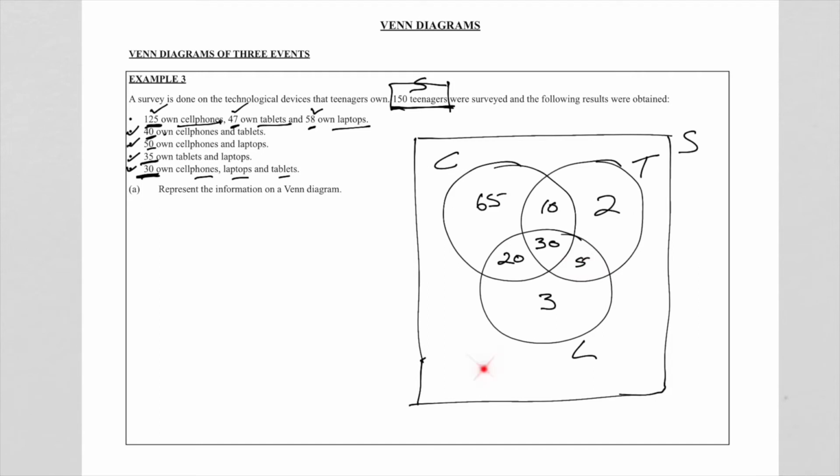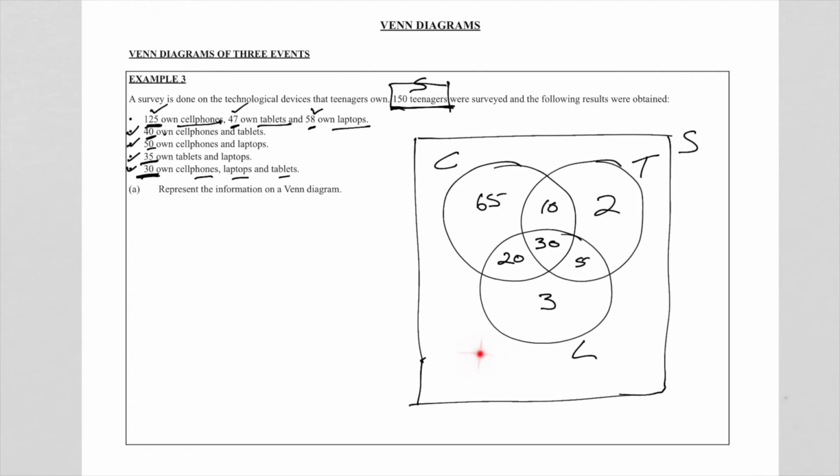And what we then find that we will put outside means that those teenagers own none of these devices. So this 30 own 3 devices, the 10, the 20, the 5 own 2 devices, and the 2, the 65, and the 3 own 1 device only.